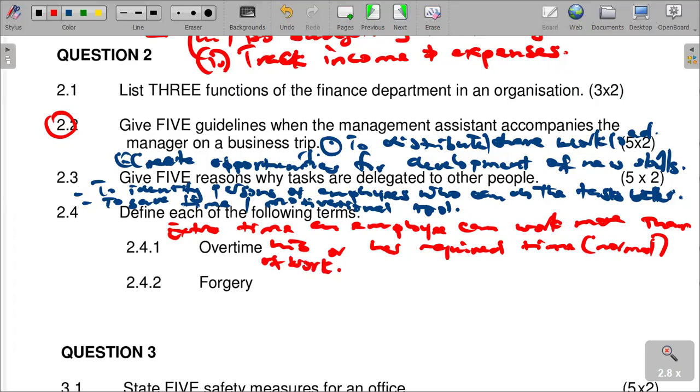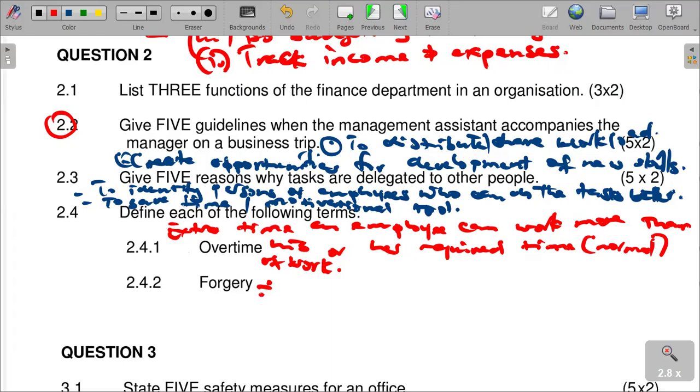We call that overtime. So overtime is always done when an employee has to go beyond the time limit.